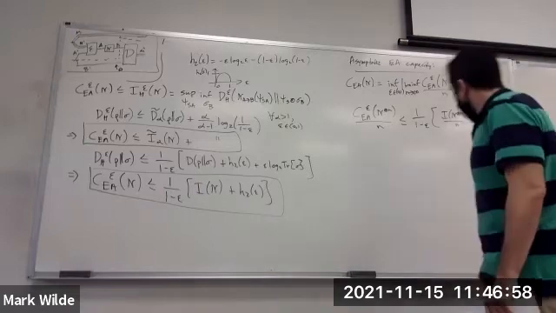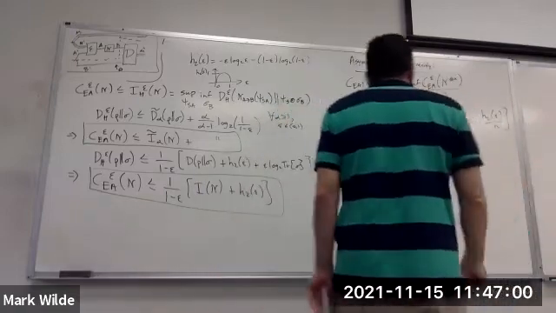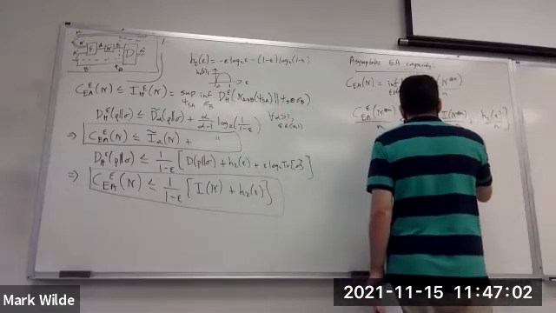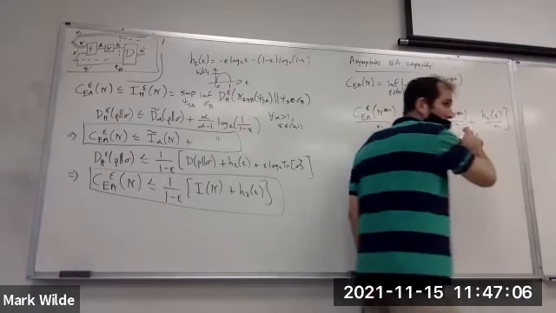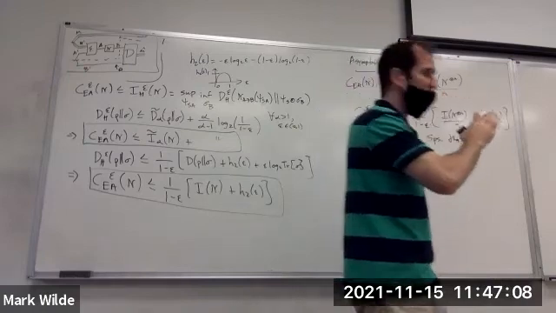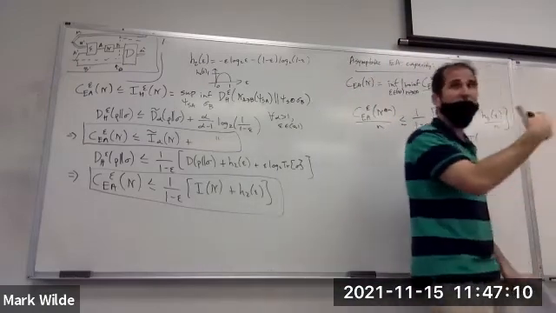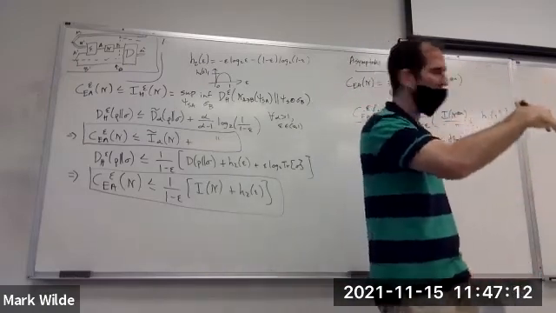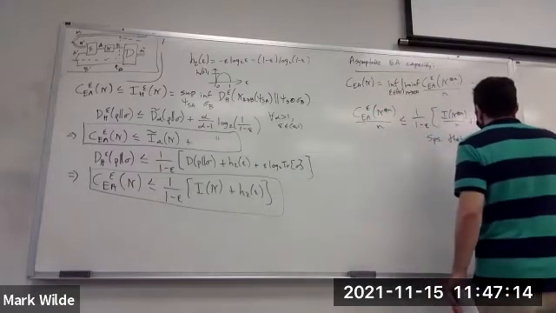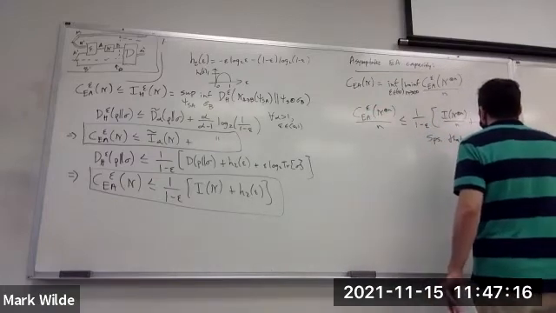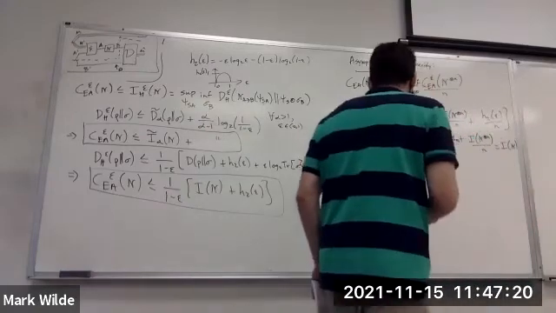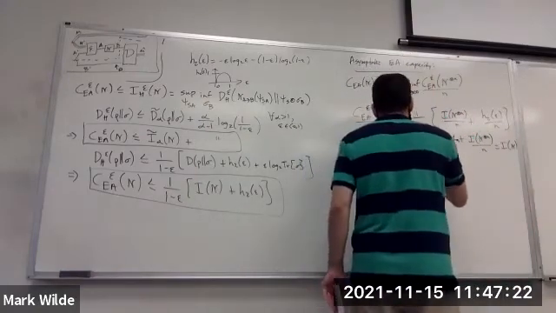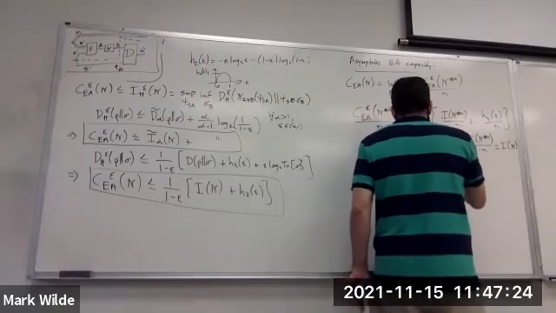Suppose we knew that this mutual information of a channel is additive, like entropy is an additive function of tensor product states. Suppose this is an additive function of tensor power channels. If that's true, then that's essentially the end of it, because this will reduce to this.